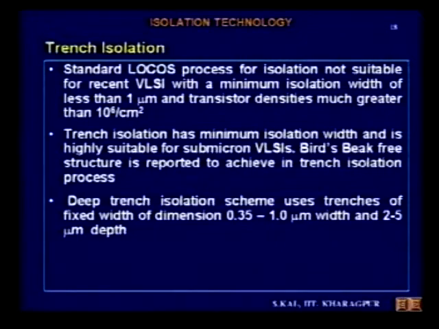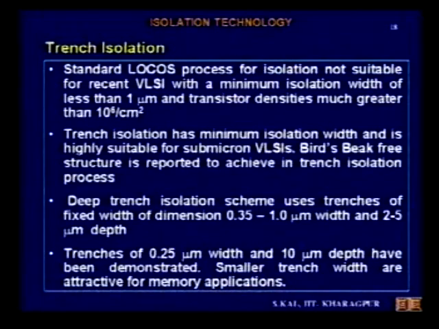The deep trench isolation scheme uses trenches of fixed width of dimensions 0.35 to 1 micron width. You can see how the dimensions are reduced: 0.35 to 1 micron width and 2 to 5 micron depth.